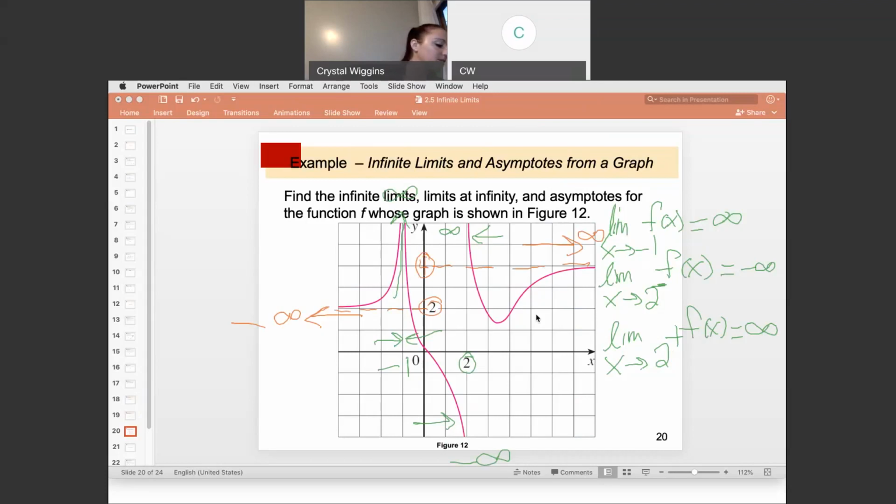So I'm going to write that out. The limit as x approaches negative infinity of this function is 2. And the limit as x approaches positive infinity of our function is 4. And those are the infinite limits that we can identify here.